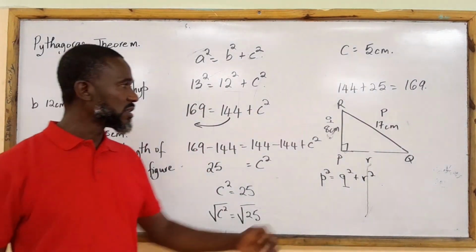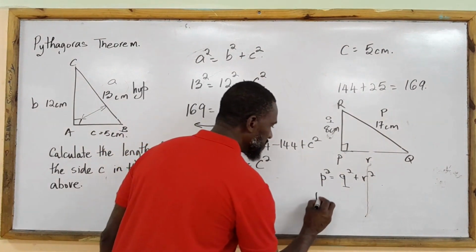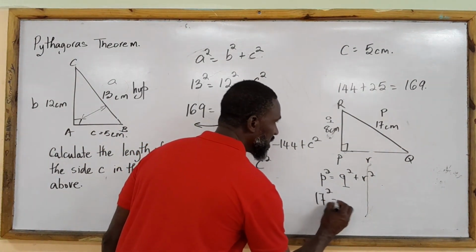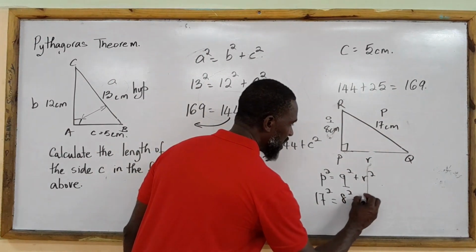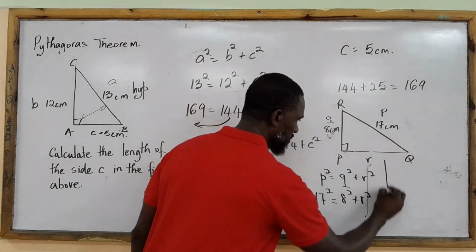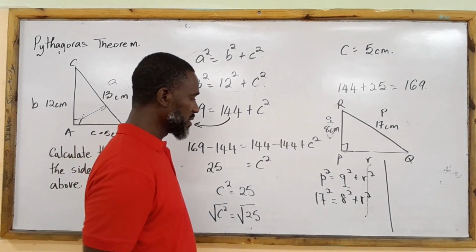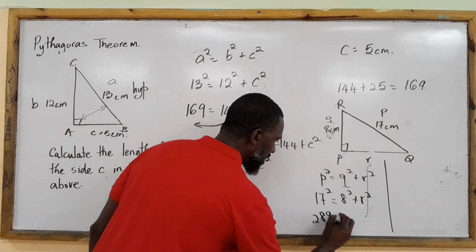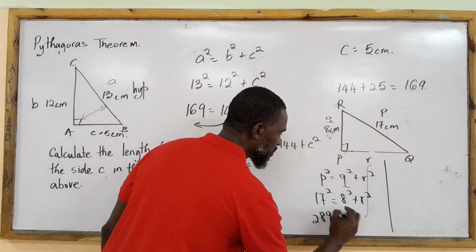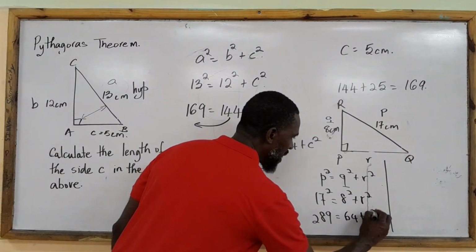Then we substitute the values. Side p is equal to 17. So we have 17 squared is equal to 8 squared plus r squared. 17 squared is 289, is equal to 8 squared, which is 64, plus r squared.